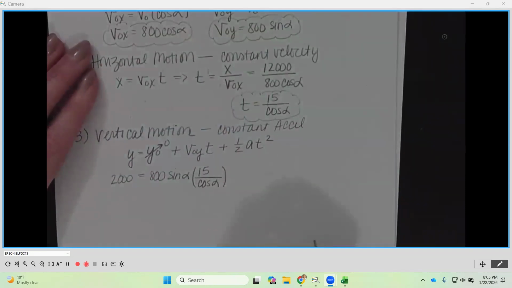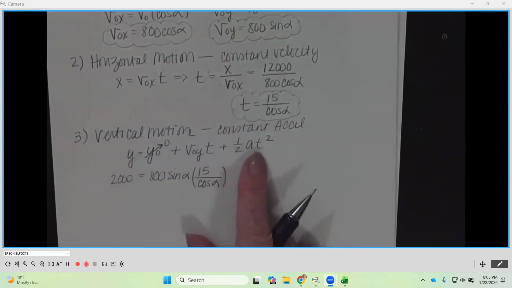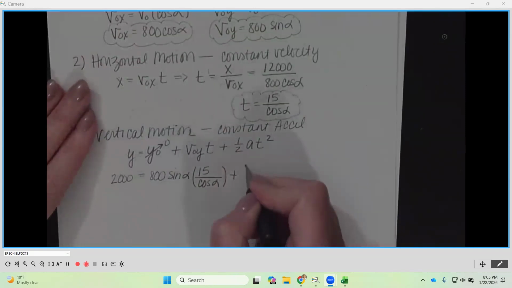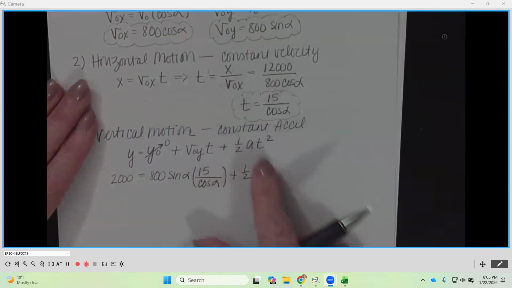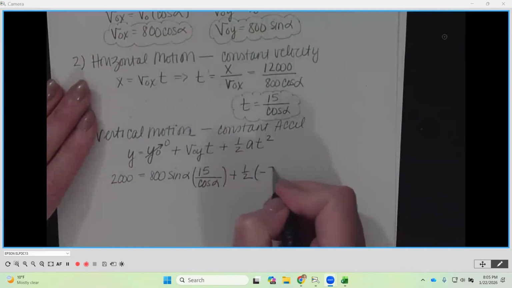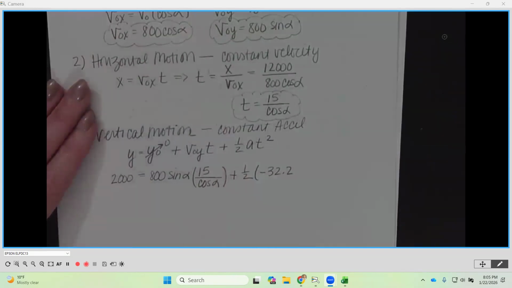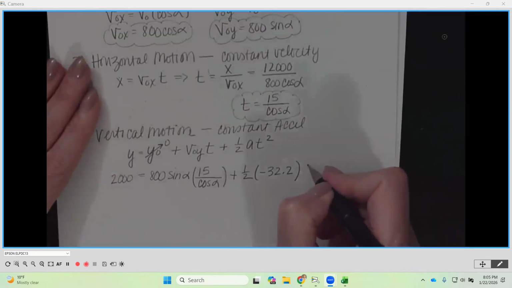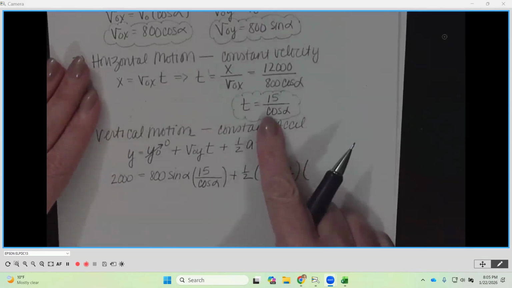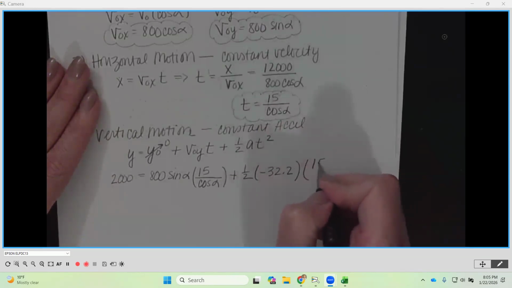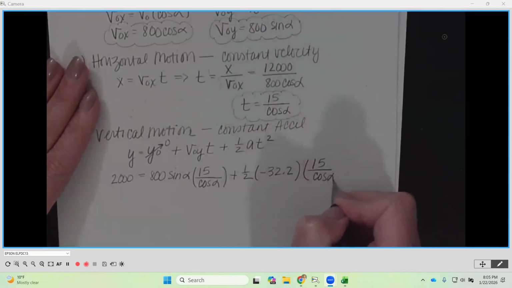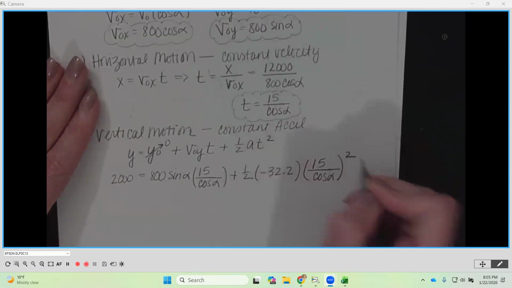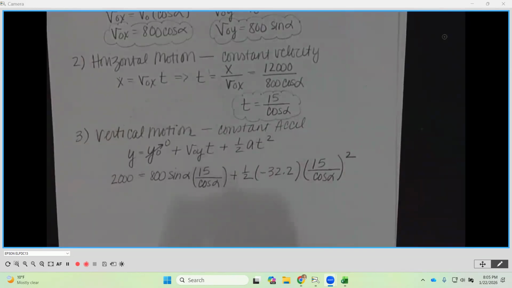Okay. Then we're going to have plus 1/2 times, remember, this is a negative 32.2 feet per second squared, okay? Negative because it's pointing down, times t squared. Our t is this, so this is going to be 15 divided by cosine alpha squared, all right?